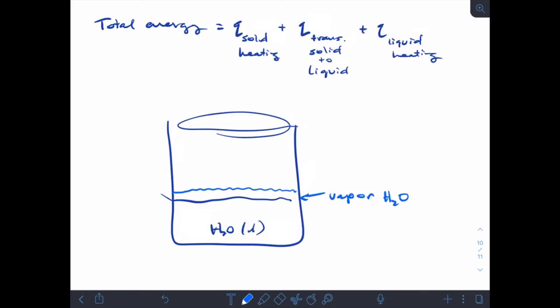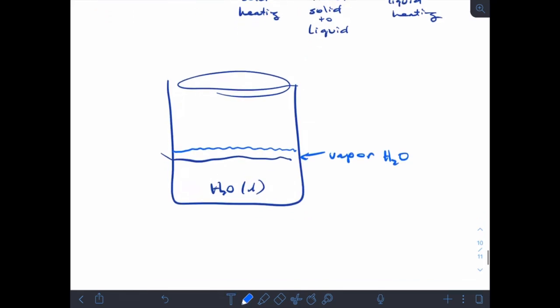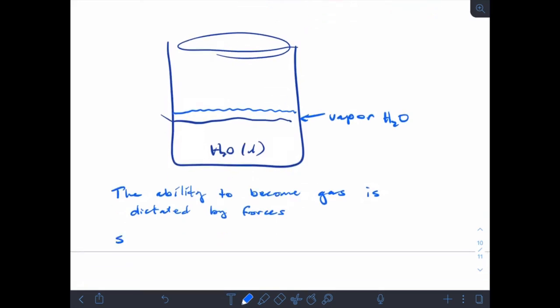Okay, so remember, the ability to become gas is dictated by forces. Okay, so strong forces equals less gas, right?